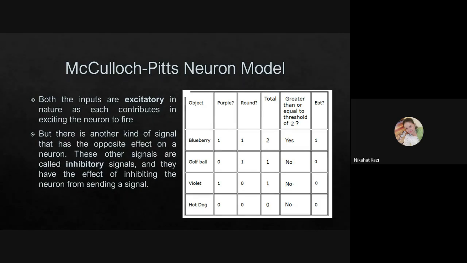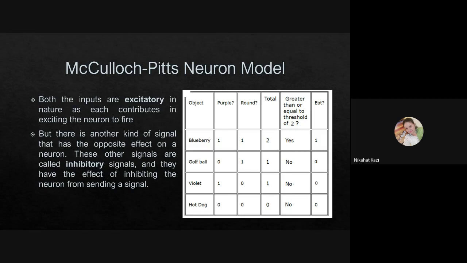Okay, so this is not sufficient. Whatever we have assumed, we were trying to design the model for this particular toy example that we have. So this is not sufficient because this model is not yet taking care of the inhibitory signals.